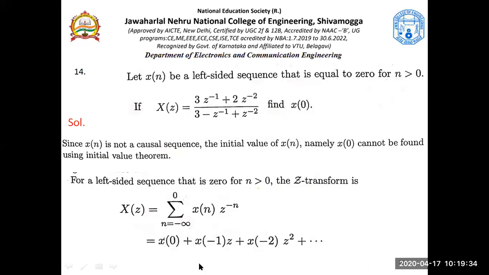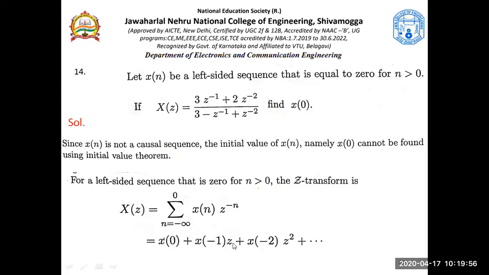Now with this equation, can you tell me how to get only x of 0 on the right hand side, eliminating all the other terms which involve positive powers of z?